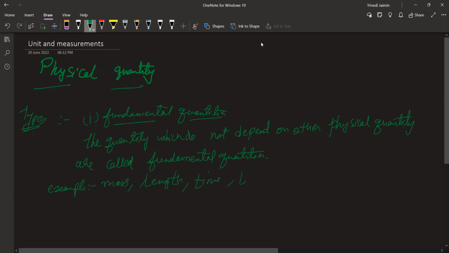Temperature, current, and mole, amount of substance. And the last one, luminous intensity, candela.